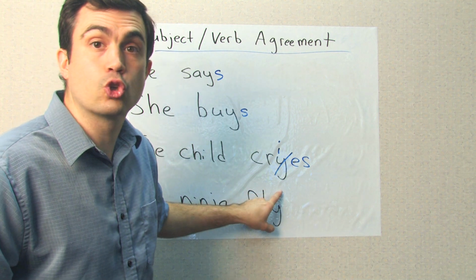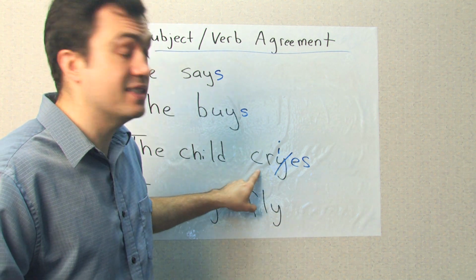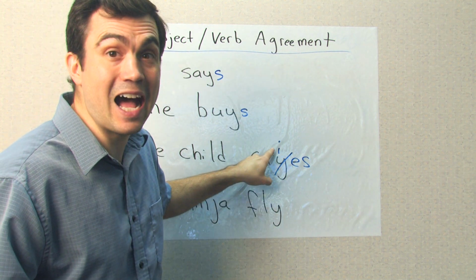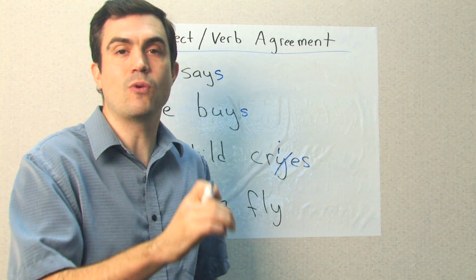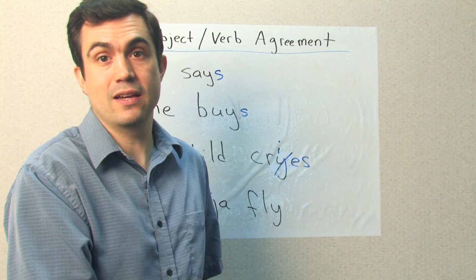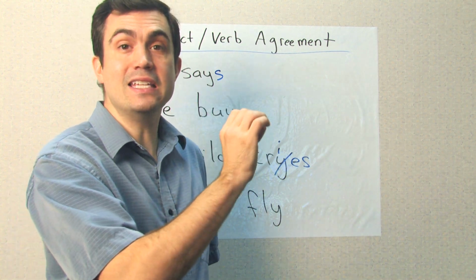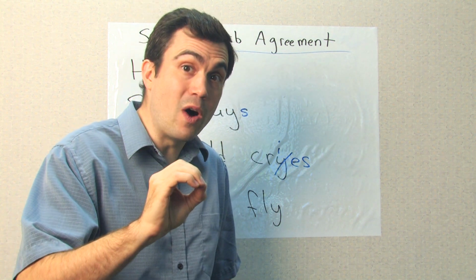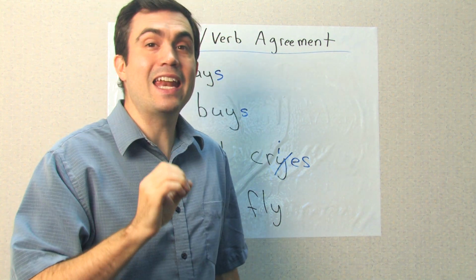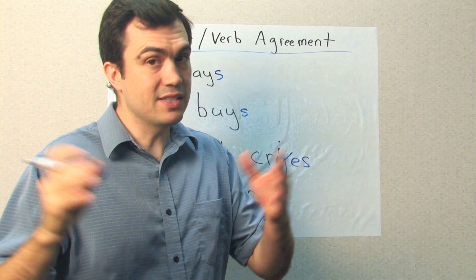The child cries. C-R-I-E-S. Okay? So when it's a consonant plus Y, drop the Y and then add I-E-S. Some teachers will say, change the Y to an I and add ES. This is the same thing.